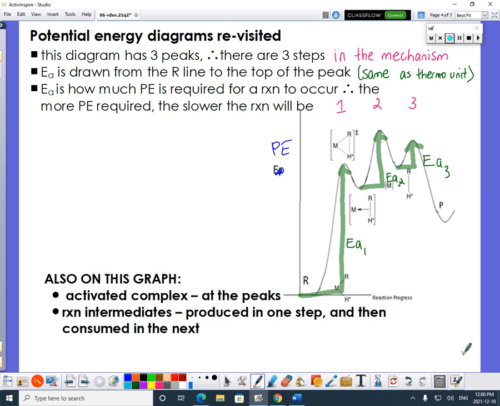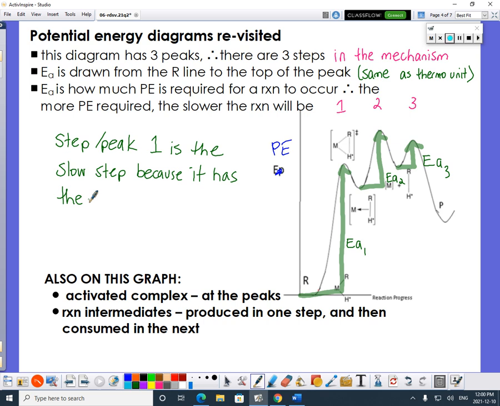Step number 1, because it has the largest activation energy. If you put the highest, that's fine too.